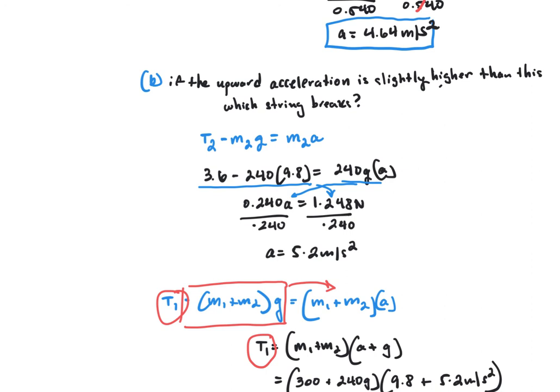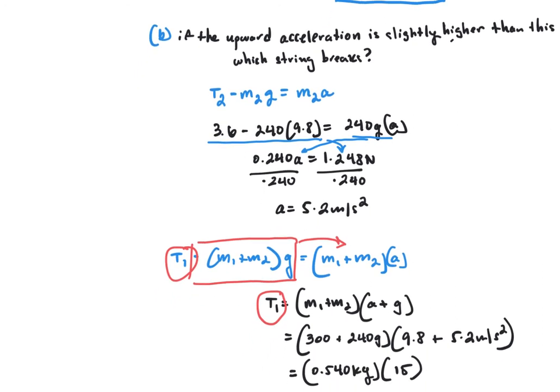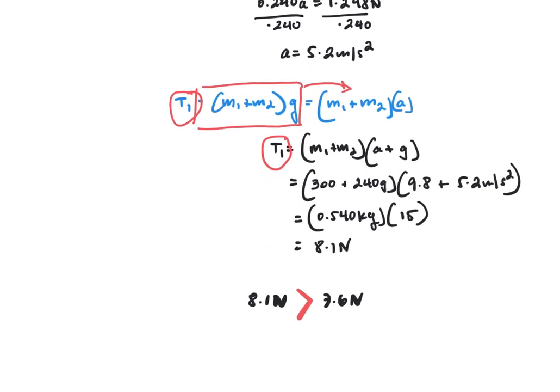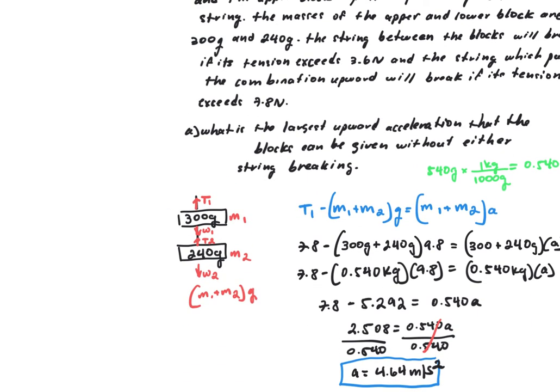Our first string will break if the acceleration is higher than 4.64. Like for example, in B, our acceleration is 5.2, thus it gave us a total force of 8.1, exceeding the 7.8. Thus, string A will break. String A will be considered this one.